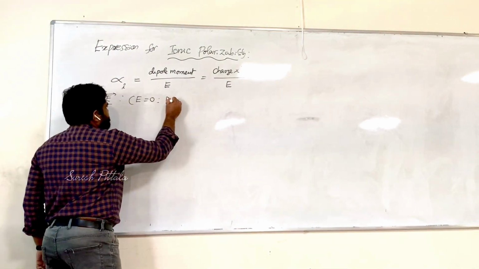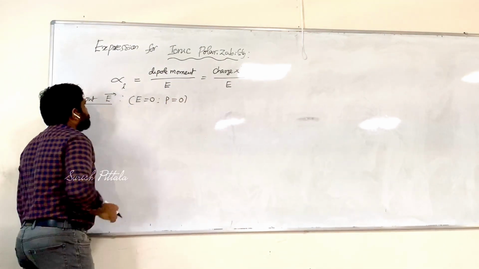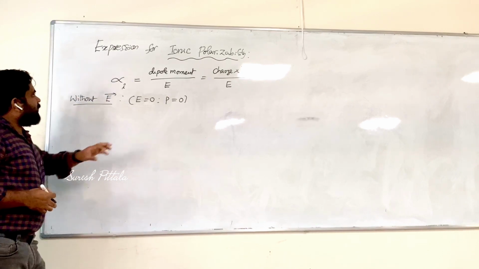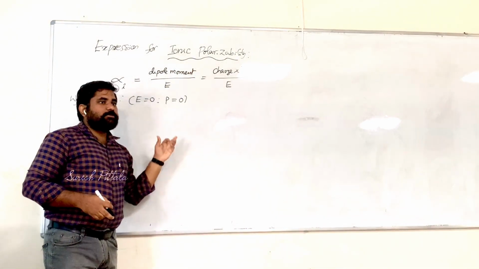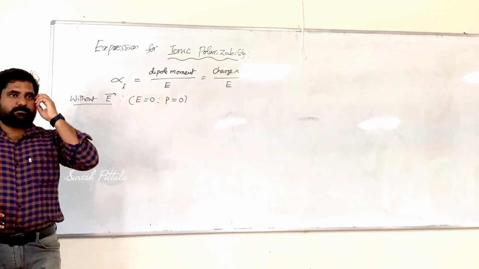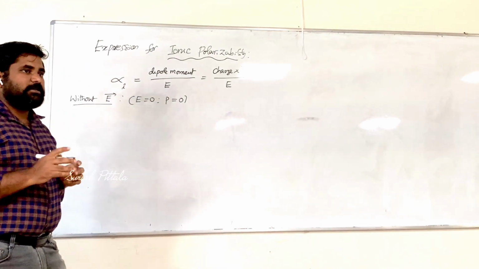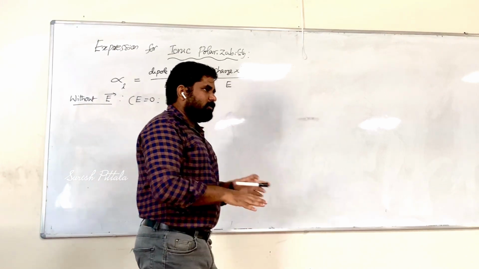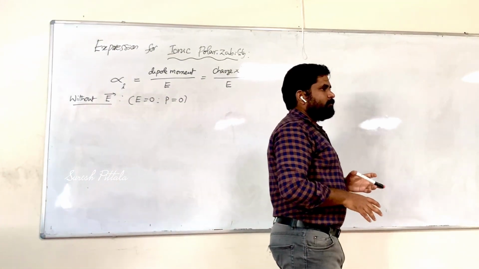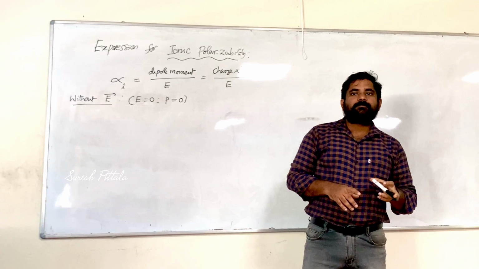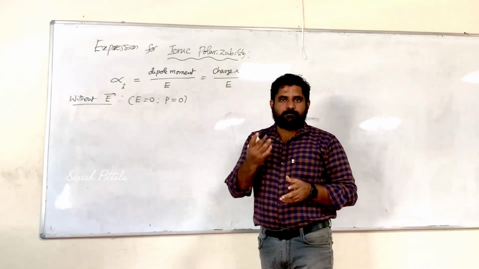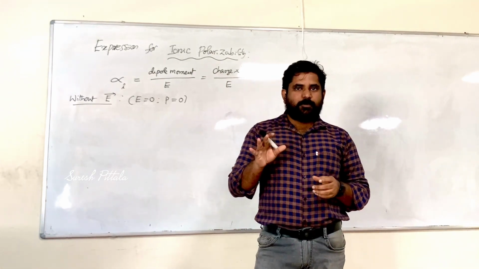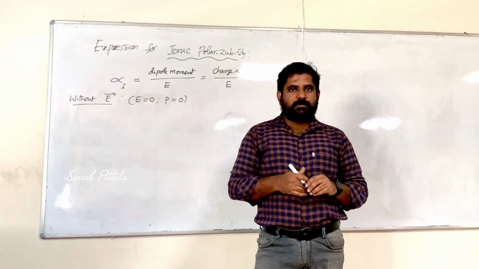So why does it become 0? Somebody will explain. Ionic polarizability is possible in what kind of materials? We discussed yesterday. Is it realized in all the materials?